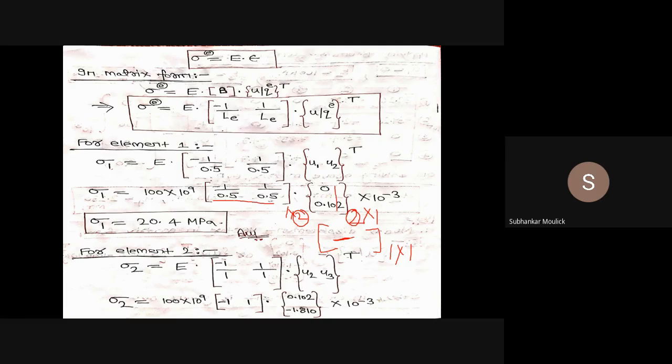That means minus 1 by 0.5 into 0 is 0, plus 1 upon 0.5 into 0.102 will be some value. If you solve it, the stress present in element number 1 will come out to be 20.4 megapascal. Is it clear how I have calculated the stress in the first element? Yes, sir. Clear.